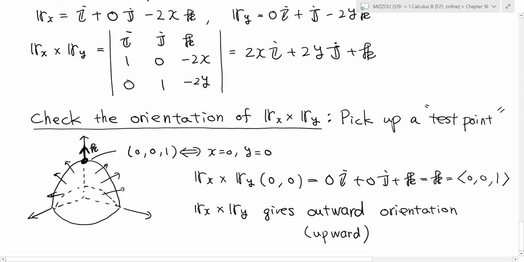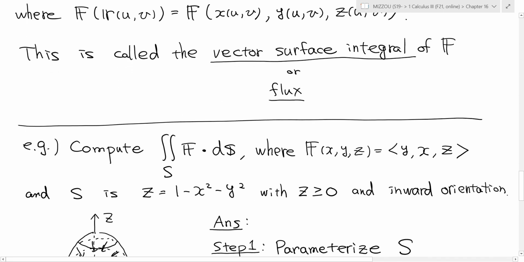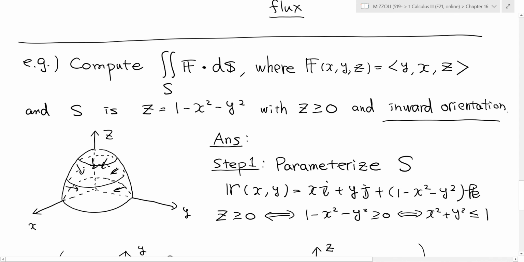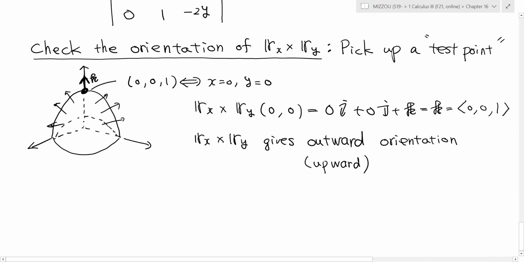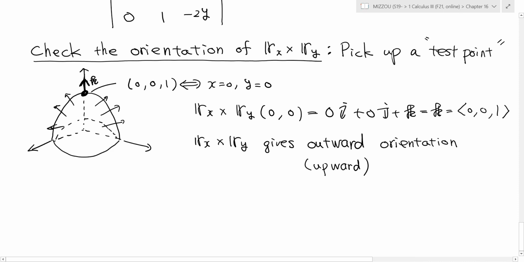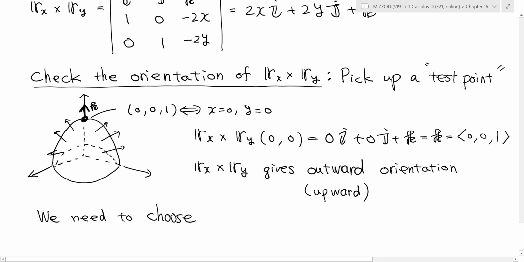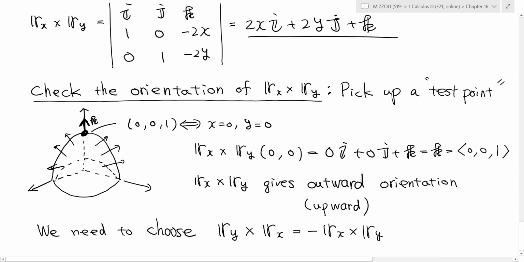Okay, but now let's look at the problem. The problem says the orientation is inward, namely orientations are represented by those vectors. So we need to choose the other way around. We need to choose ry cross rx, namely that's negative rx cross ry, and that's just negative of this.